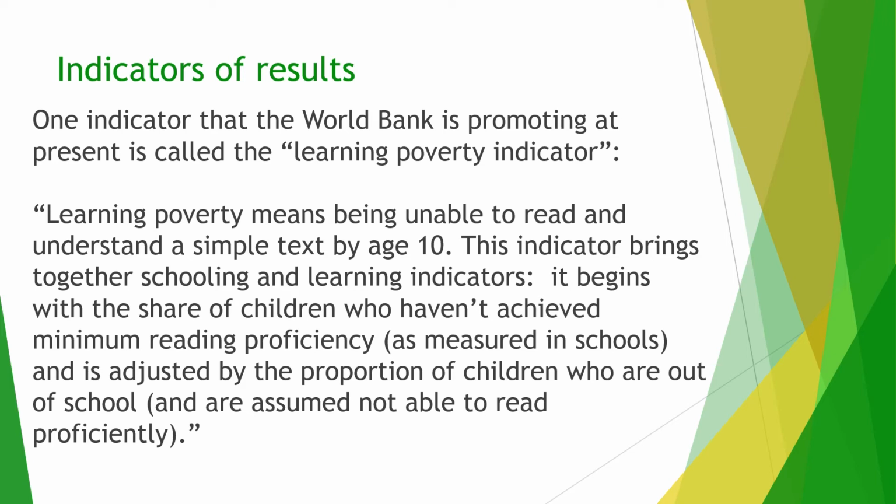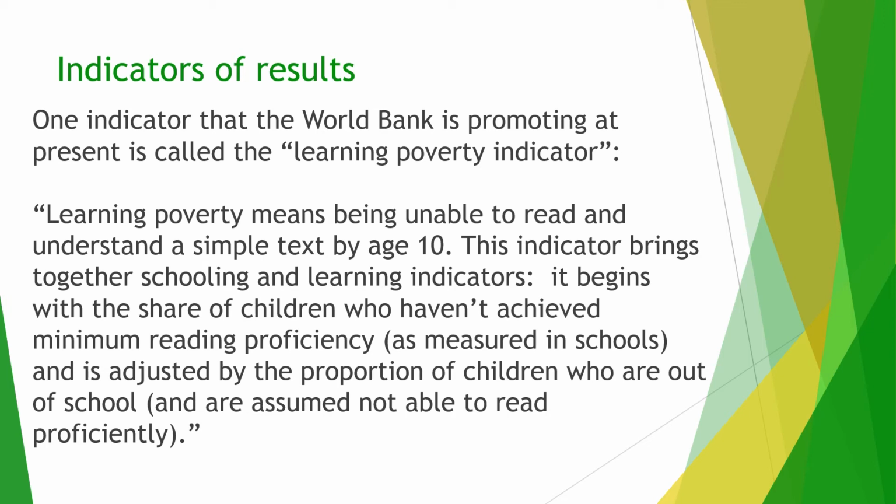This indicator, therefore, brings together schooling and learning indicators. It begins with the share of children who haven't achieved minimum reading proficiency as measured in schools. And it is adjusted, it takes into account the proportion of children who are out of school and therefore are assumed not to be able to read proficiently.